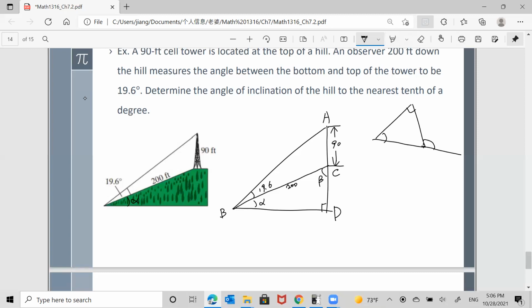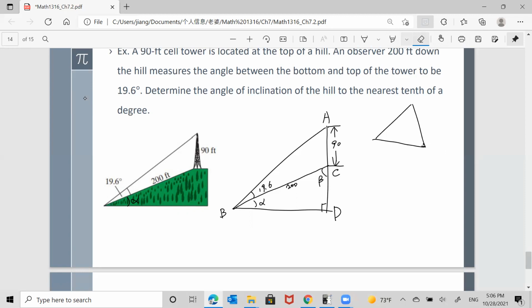Or if I extend another side, this angle equals the sum of these two angles. If I extend another side, this angle equals this one plus this one.